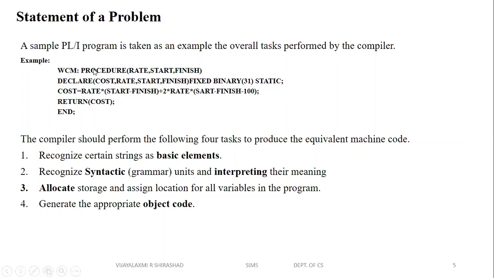Here they defined a procedure with three different variables called rate, start and finish. After evaluation of this cost, it has to return back and this procedure has to end. Like this, the program is defined in Lisp.